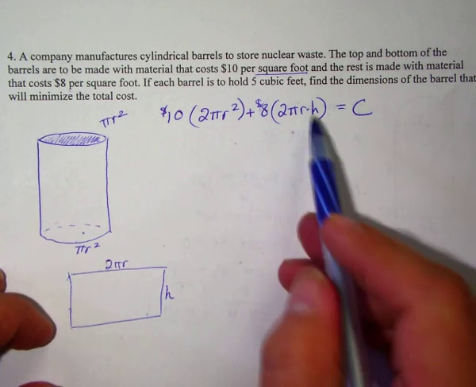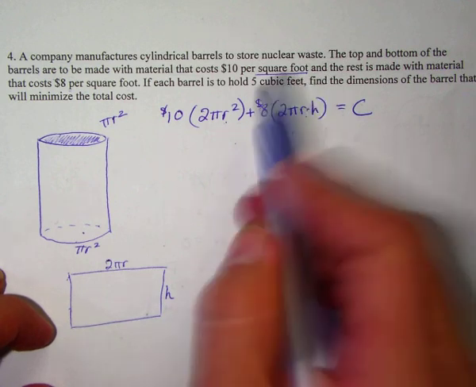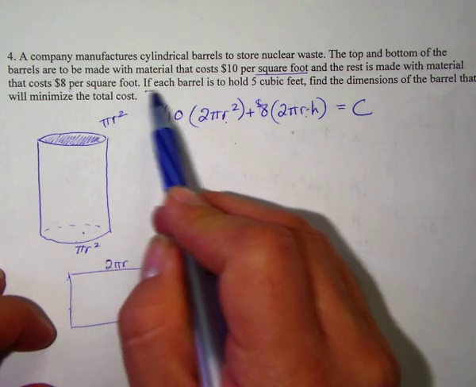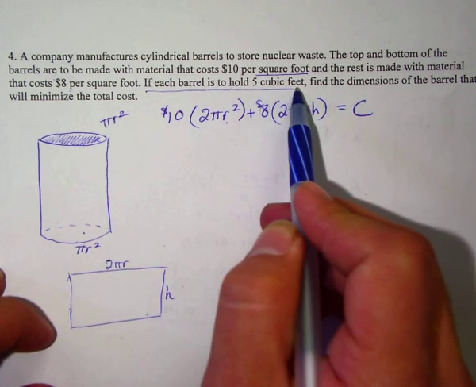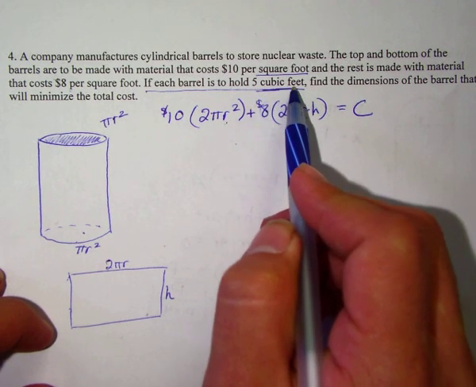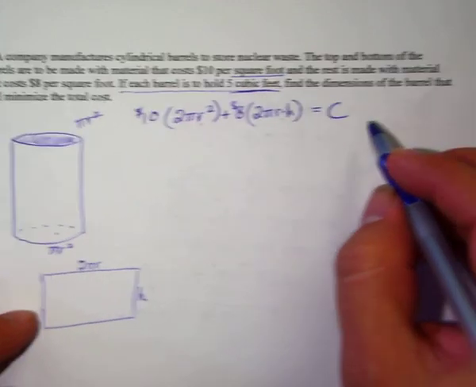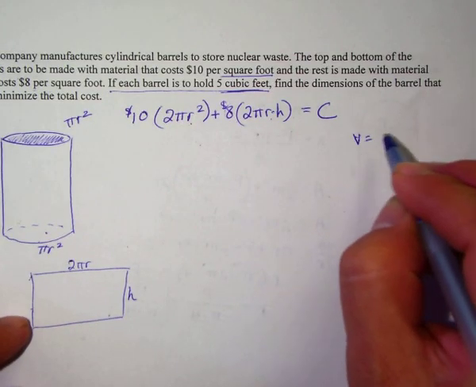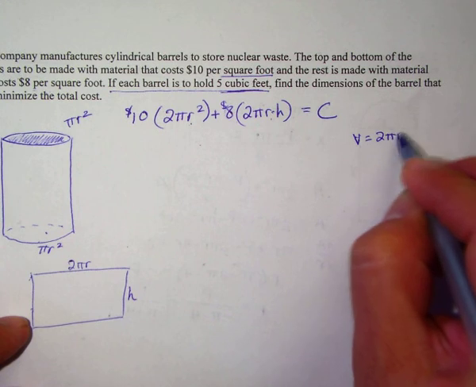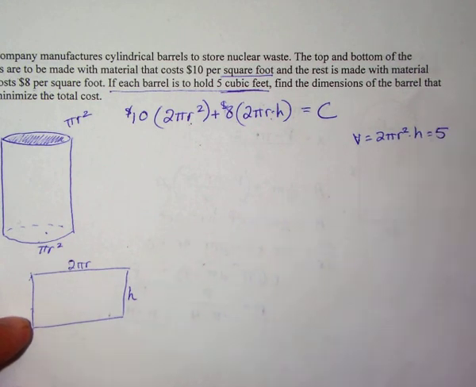We don't want to have things in two variables, so we're going to use the information here that each barrel holds 5 cubic feet. Cubic feet is a measure of volume, so we're going to use the volume formula. Over here on the side, I'm going to say that the volume is 2 pi r squared times h, and I know that's equal to 5.